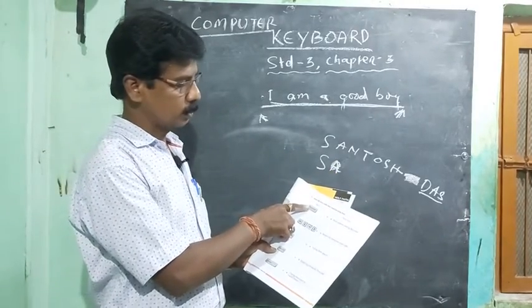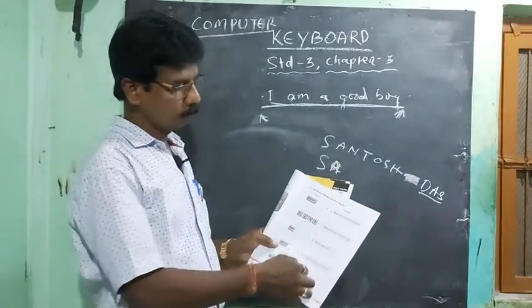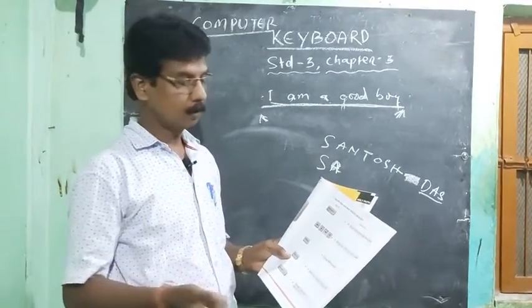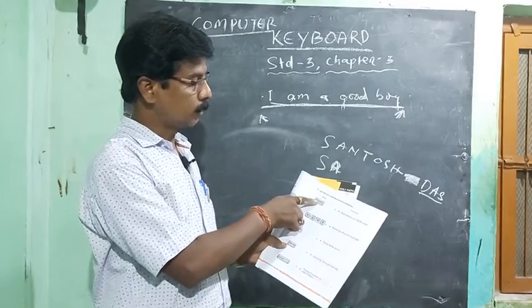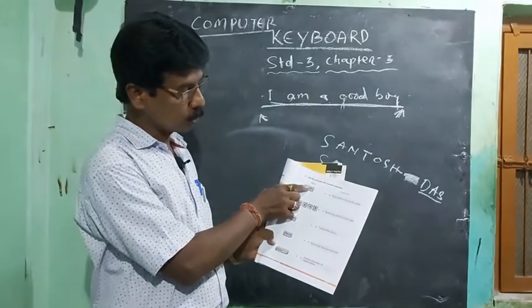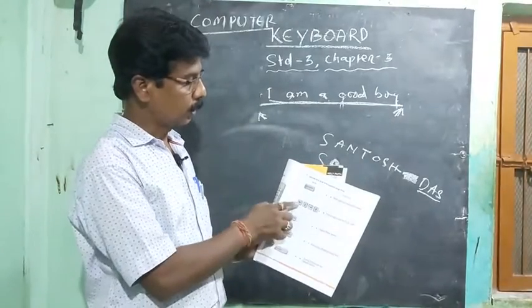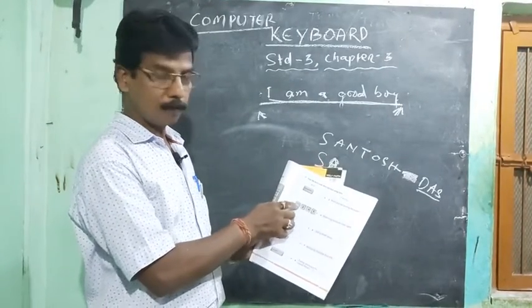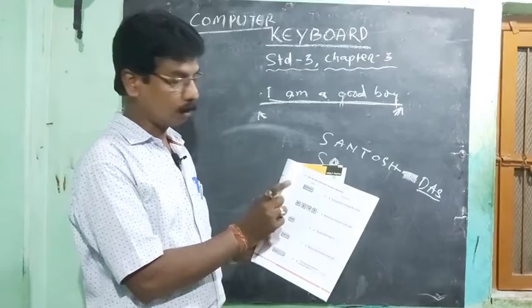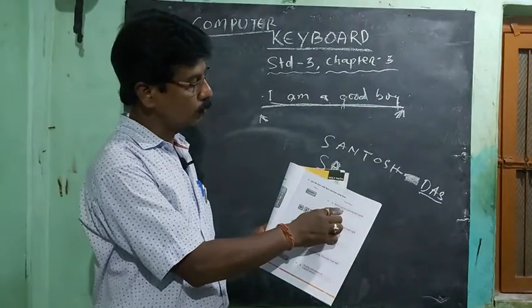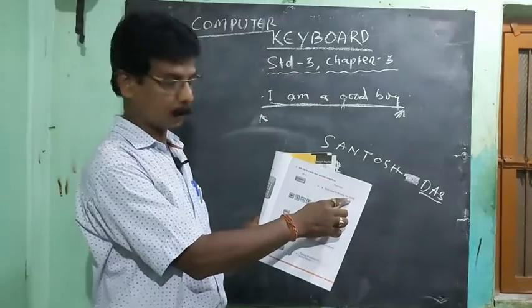Then the backspace key is used for joining, removing a character from the left. The arrow keys, left, right, up and down, are used for moving the cursor.